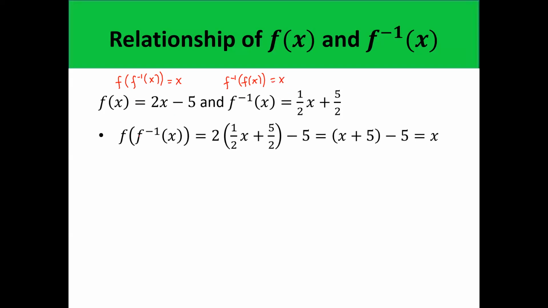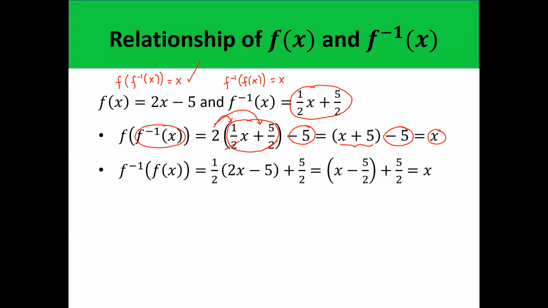Okay, so first, let's try f of f inverse of x. We know that f inverse of x is 1 half x plus 5 over 2, so we replace this by that. Distributing the 2 here would mean canceling 2, so we will get x plus 5. And then there's a minus 5 here, so x plus 5 minus 5 is x. So this is satisfied.